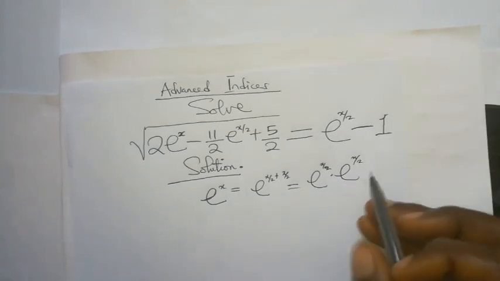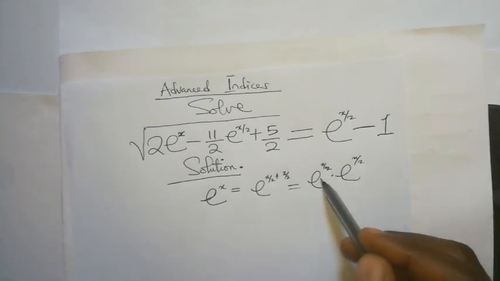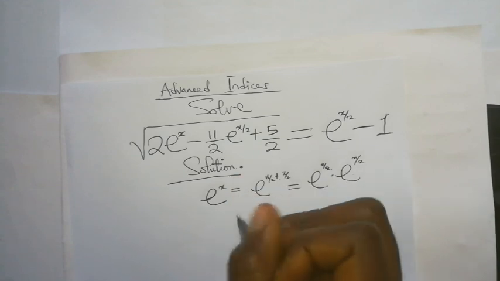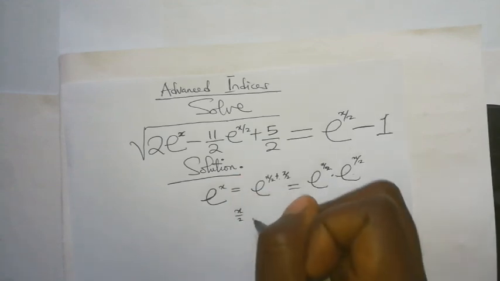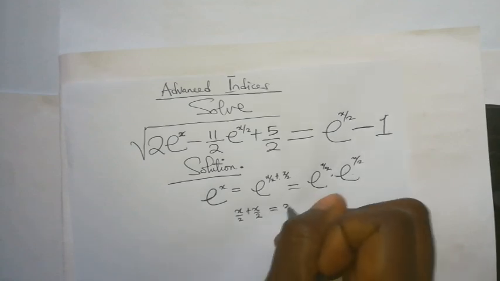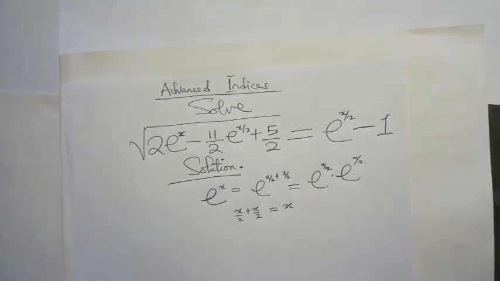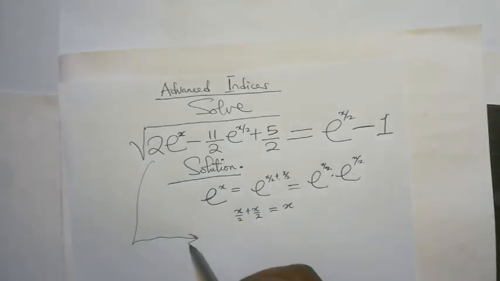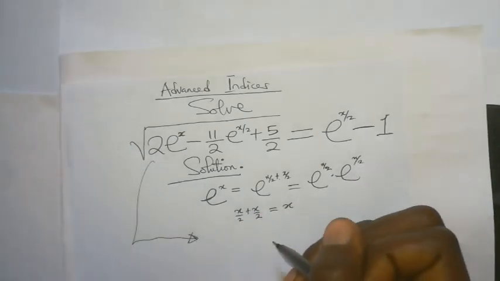You get it? So if you use the product law of indices, it becomes this. So let's verify: a half of x plus a half of x will give us x. You get it?